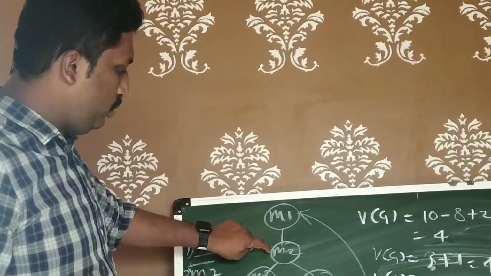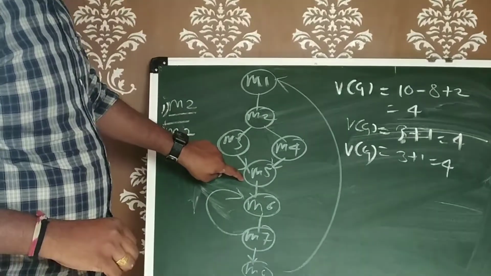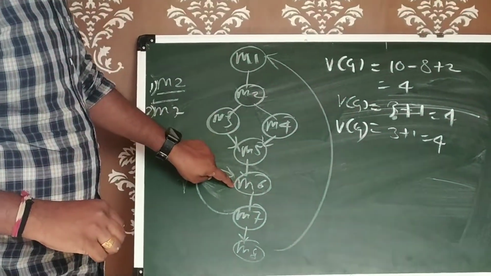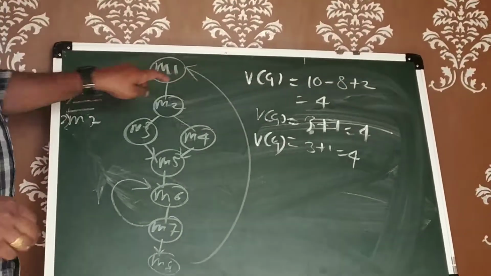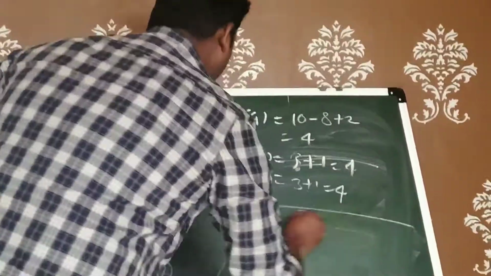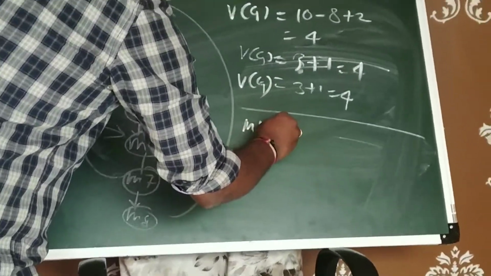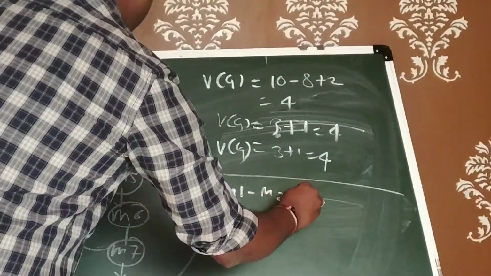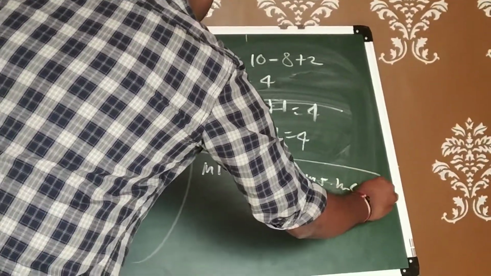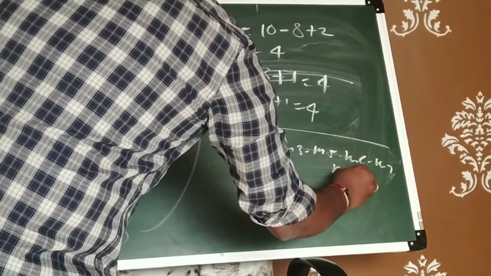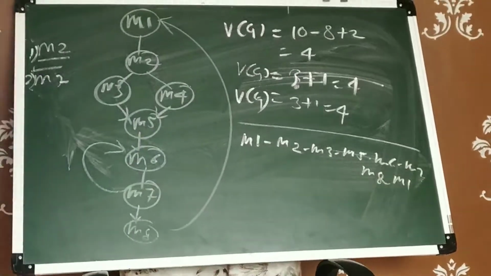M1, M2, M3, M5, M6, M7, M8, M1. So let us write it. M1, M2, M3, M5, M6, M7, M8, again back to M1.